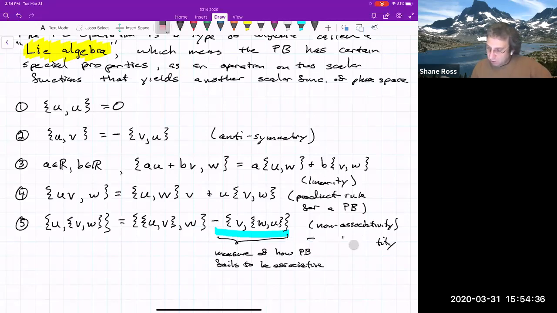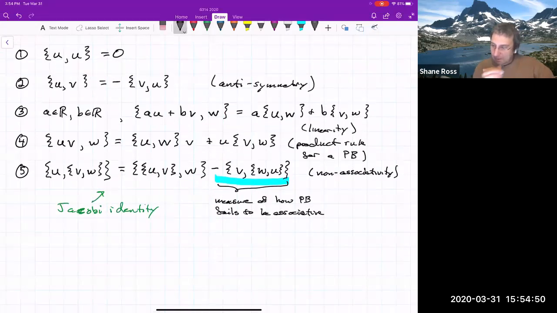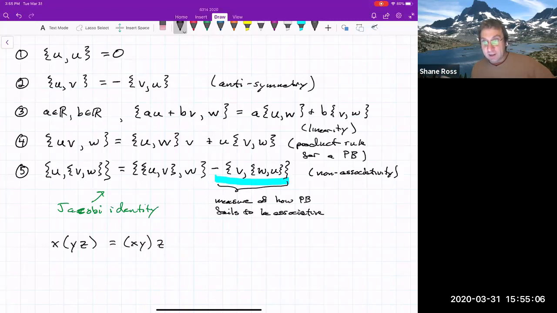And the whole thing is the Jacobi identity, not just that last term. So for usual algebra, if I had x times y and z, well, this would be the same as doing x times y and then multiplying that by z. And we'd say, oh yeah, multiplication's associative. We depend on that all the time. The Poisson bracket is not. So this is associativity.